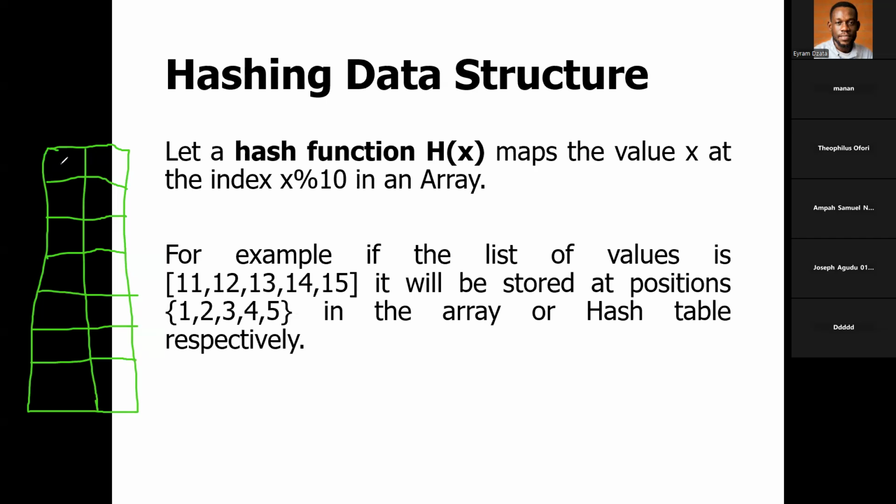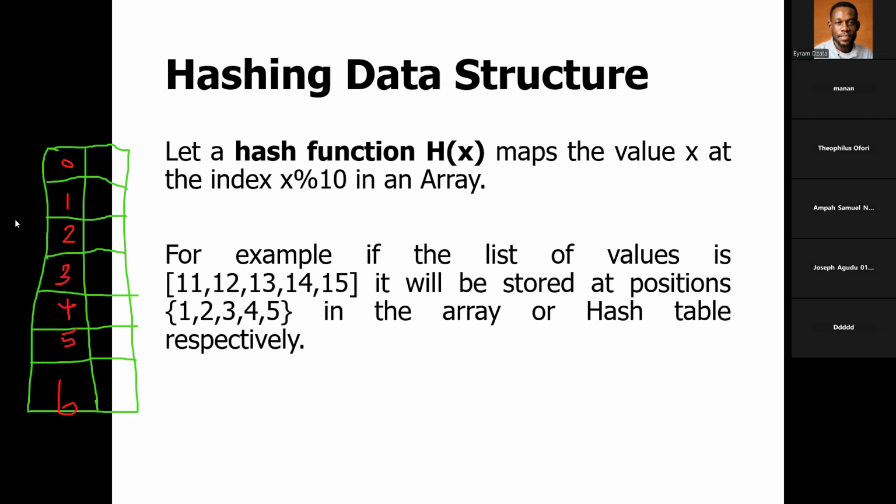So let's say this is index 0, then index 0, 1, 2, 3, 4, 5, and let's say 6. Okay. So you have this as your table.